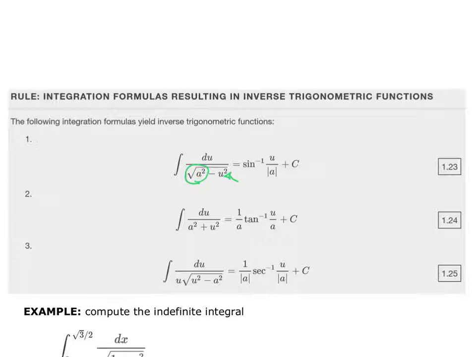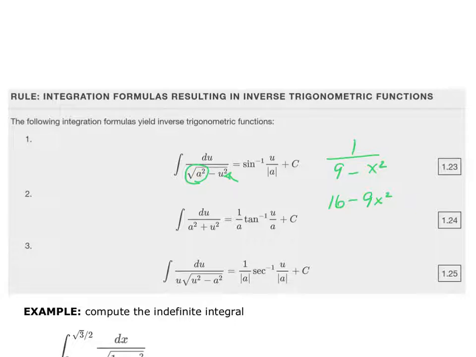In other words, I'm going to be looking for something like 1 over the square root of 9 minus x squared. That may be a pattern I'd look for. Or I may be looking for a pattern, say, 16 minus 9x squared in the denominator. So I'm looking for squareds.